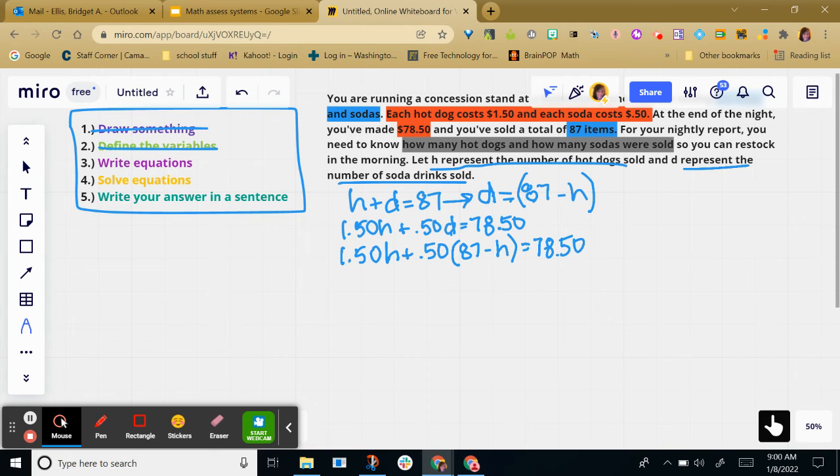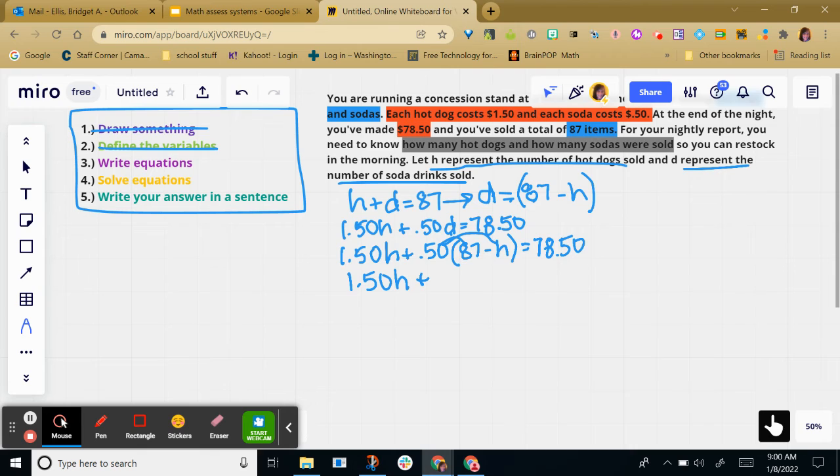So let's go ahead and do it. The first thing I look for when I'm solving a longer equation is any distributive property, because that's the first step. And there sure is. This 50 cents needs to be distributed between those. So I'm going to say $1.50 H plus, we need to find out what 50 cents times 87 is.